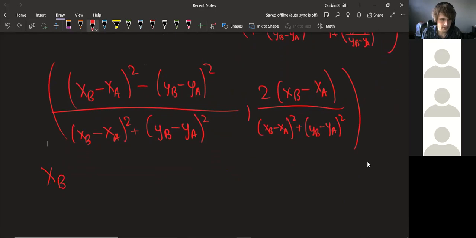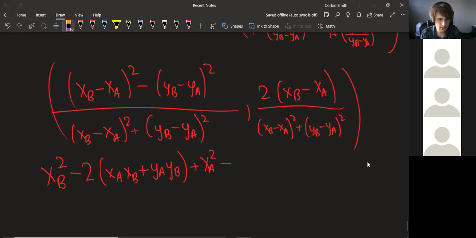So that's going to be xb squared minus 2 xa xb, and then coming from this thing over here, we're going to have plus ya yb, and then we're going to have a plus xa squared, and then a minus, oh no, so sorry, this should be a minus sign here.